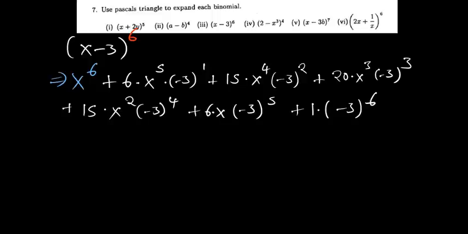So x to the power 6, then that would be negative 18 x to the power 5. Then negative 3 squared is going to be what, 9?